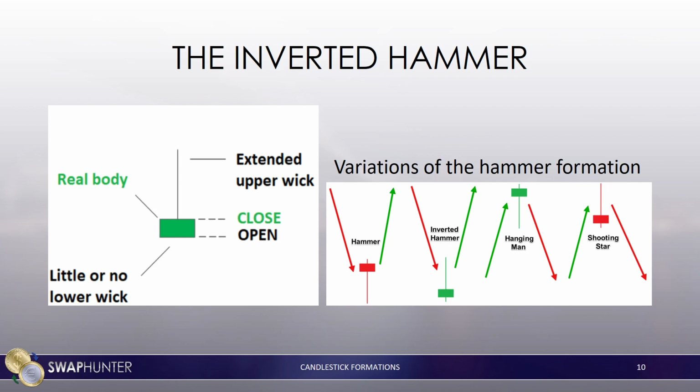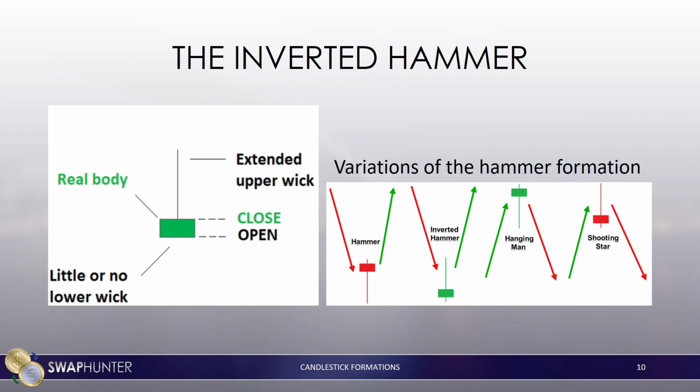There are many different types and variations of the hammer, as you can see from the second image. We want to focus on the inverted hammer, which is the image on the left. It's a bullish reversal pattern. It signals that an asset is nearing the bottom of a downtrend and should start correcting to the upside.